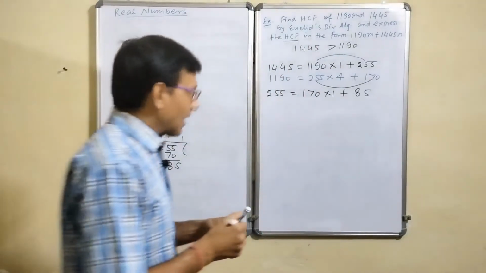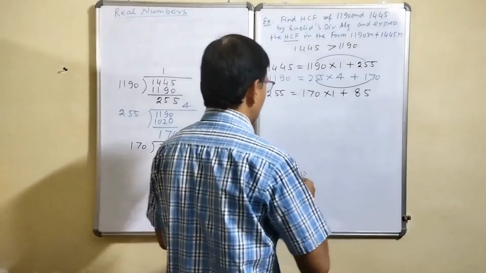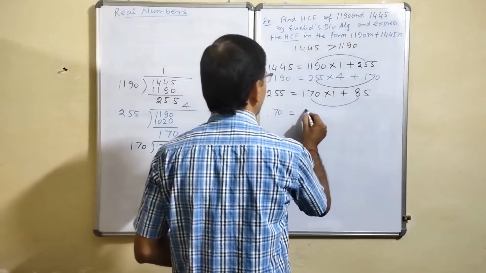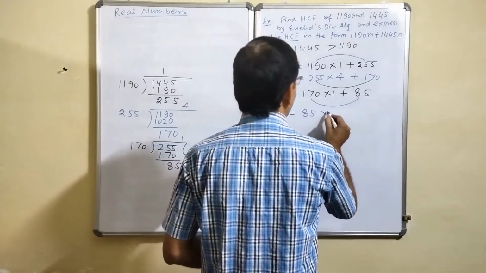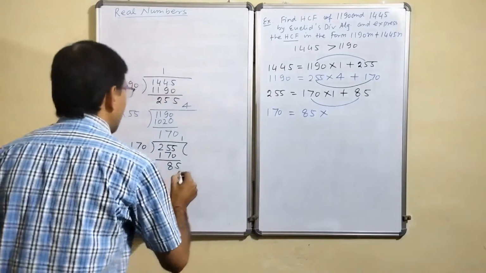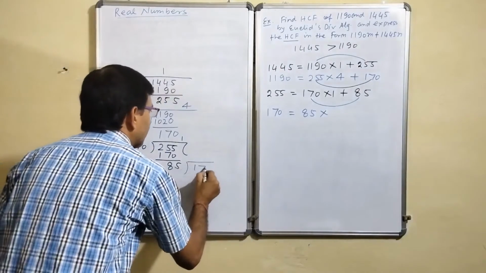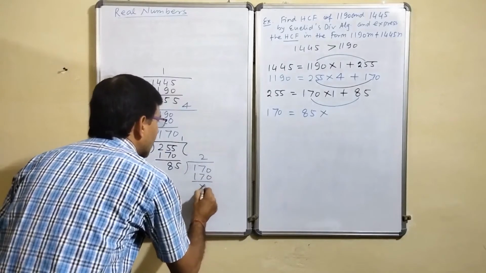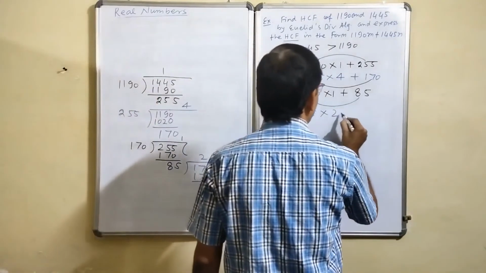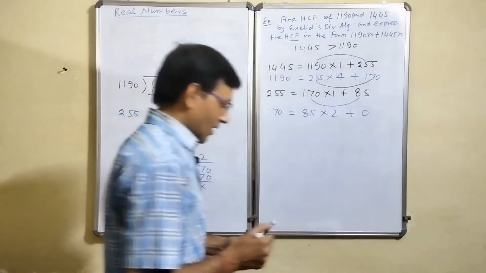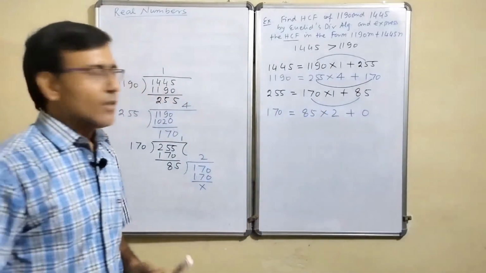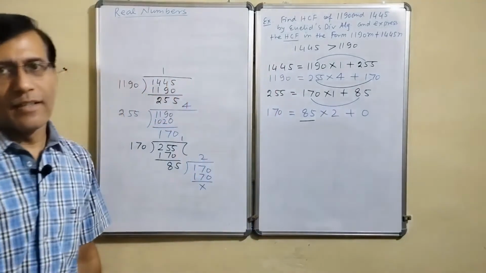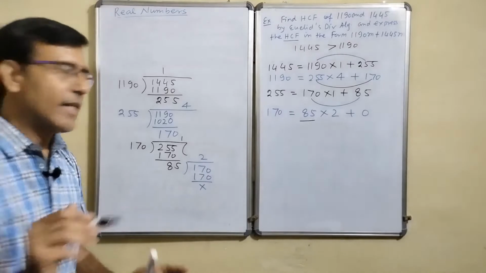So again apply division lemma between 170 and 85. 85 into 2 is 170, 2 times, remainder is 0. So the divisor at that stage will become the required SCF.